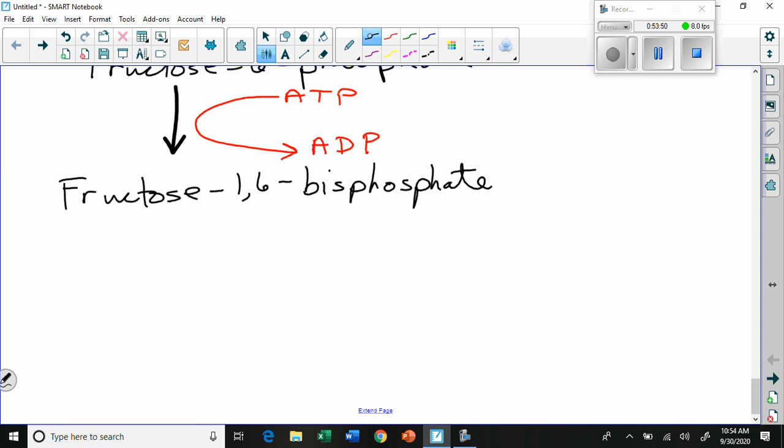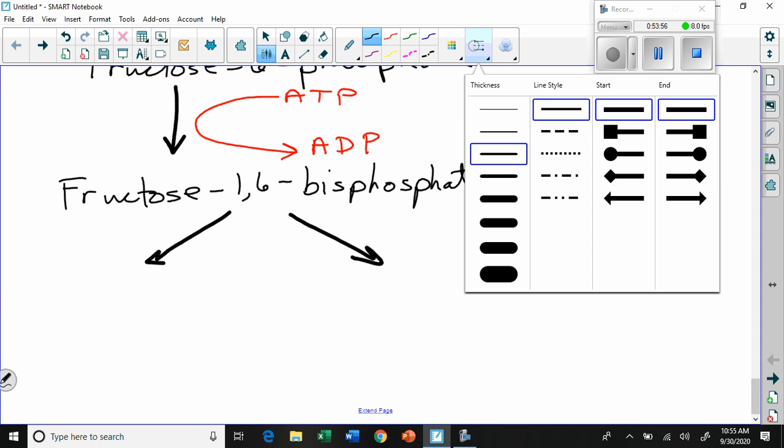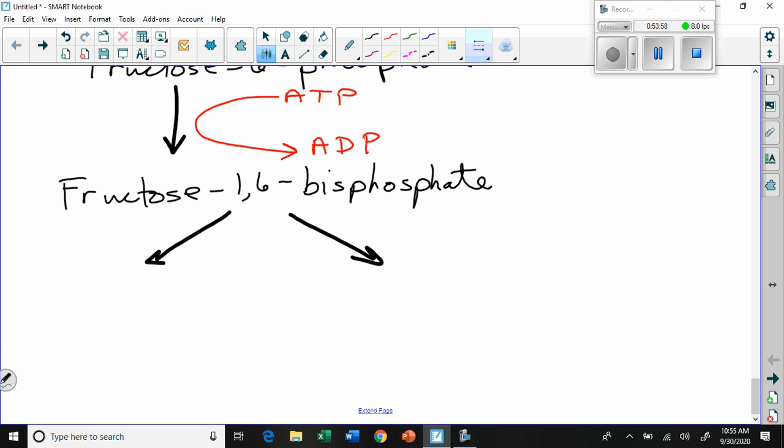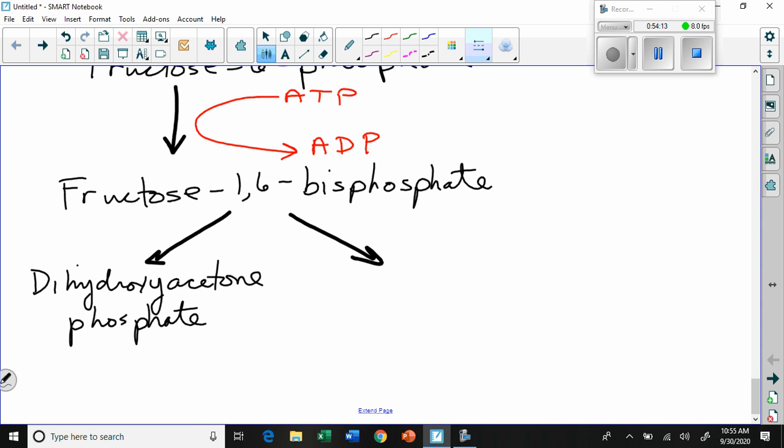Now here's the funny thing that happens. The funny thing that happens is that this breaks into 2 molecules. Right? One of them is the dihydroxyacetone phosphate. And the other one is the glyceraldehyde 3-phosphate.